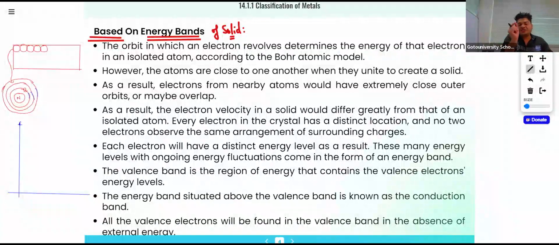The first shell electron energy, I am plotting here. Then again from the second one, we are taking the energy from the first shell.